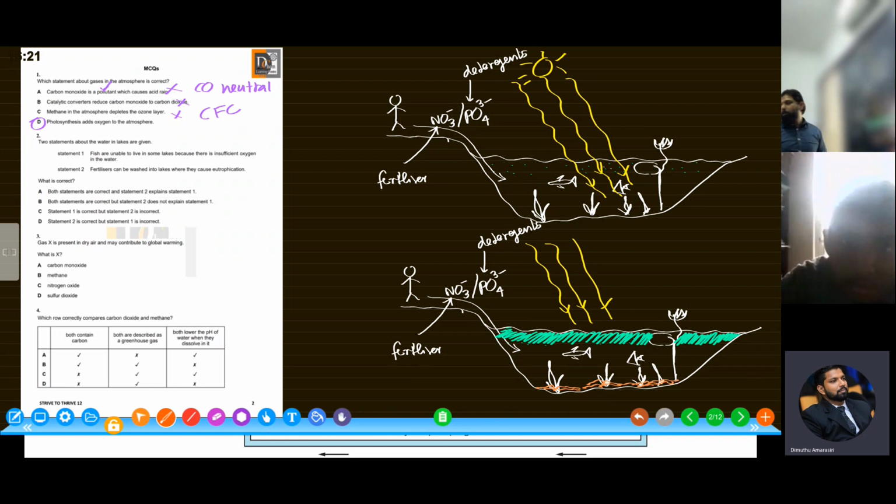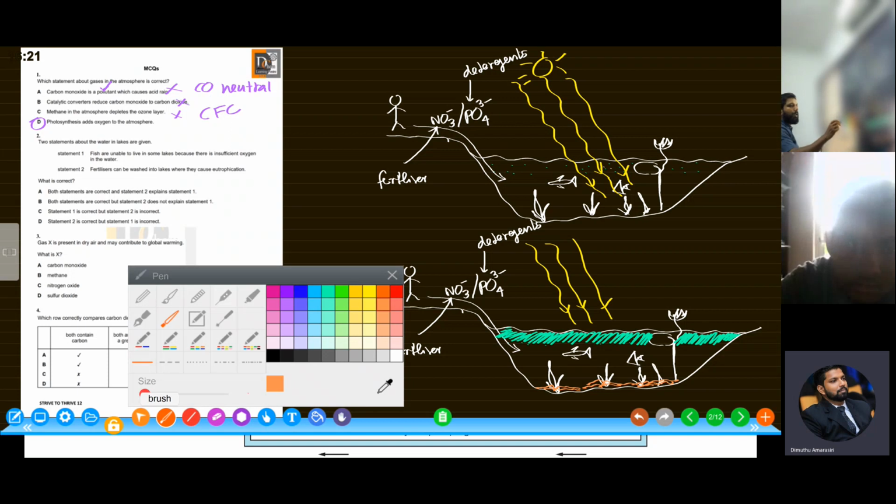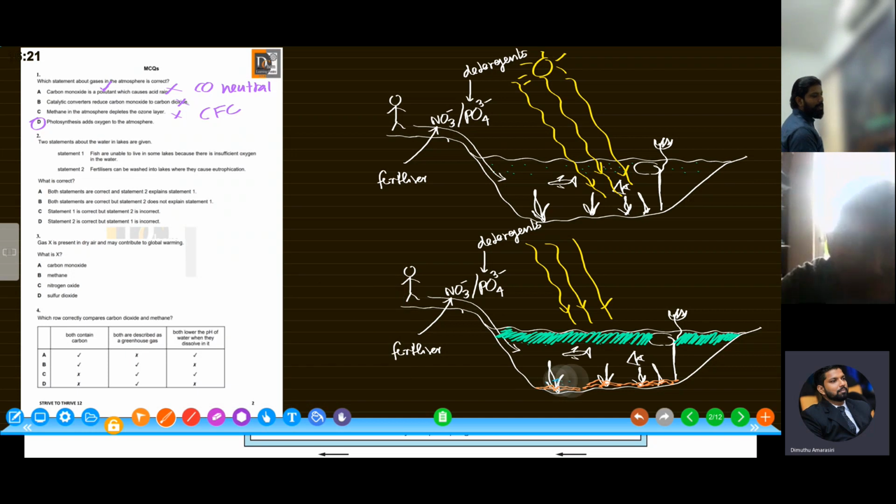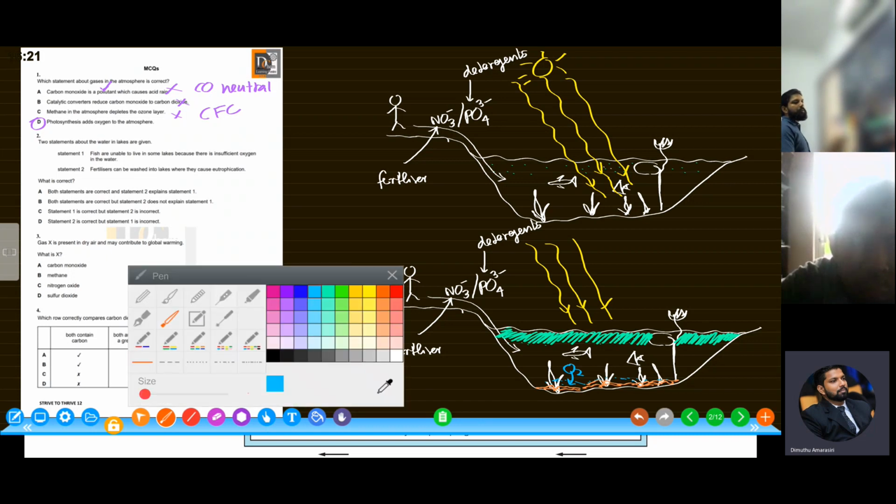When submerged plants die, these dead plants have to be decomposed. The decomposing is done by bacteria. The bacteria will utilize all the oxygen to decompose these plants. Now the oxygen level in the water is going down. Therefore, these fish can't live anymore, and some other plants as well.